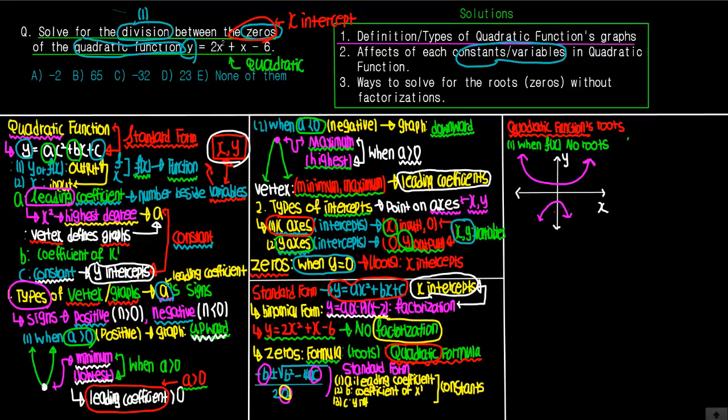And there will be a second case, when f of x contains roots, which is the same as having x-intercepts, the points where our y value is equal to 0.